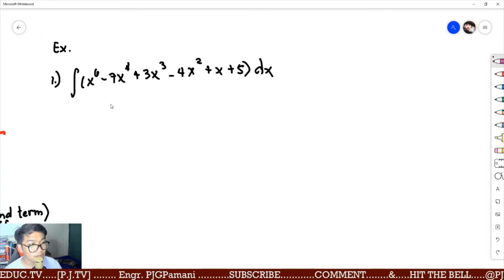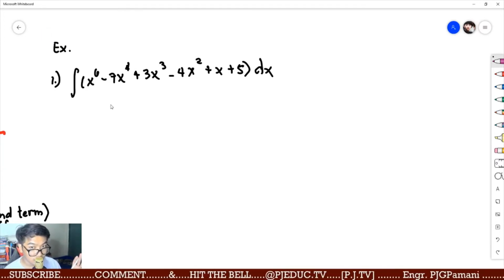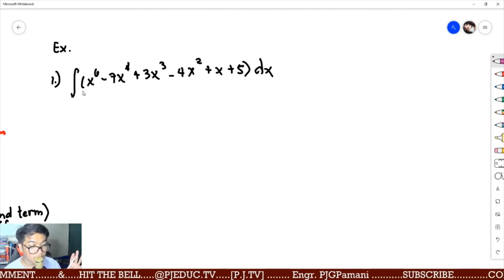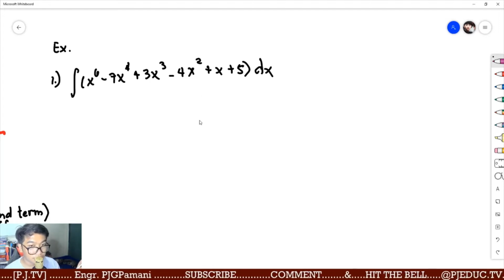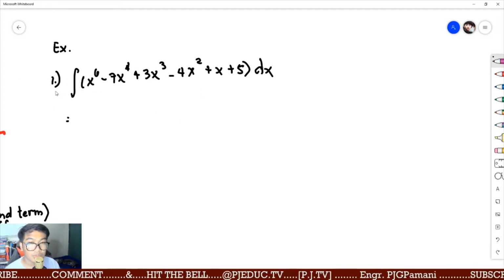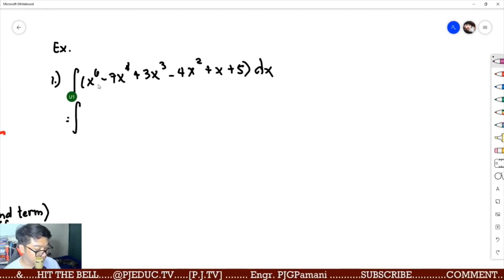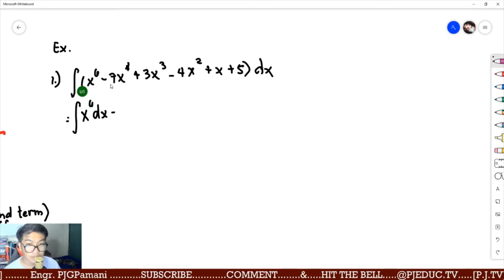Very easy. It's the distribution property of our indefinite integral from the last meeting. There's no exponent outside the parentheses, so we no longer need to expand this multinomial. We'll just introduce our integral sign to each of those functions. So we'll have the integral of x raised to 6 dx minus 7x raised to the 4.